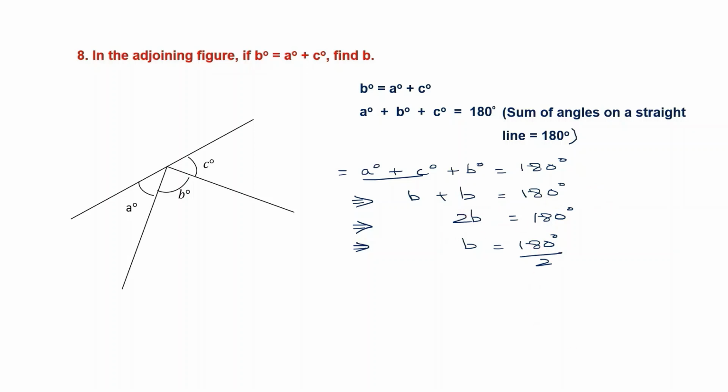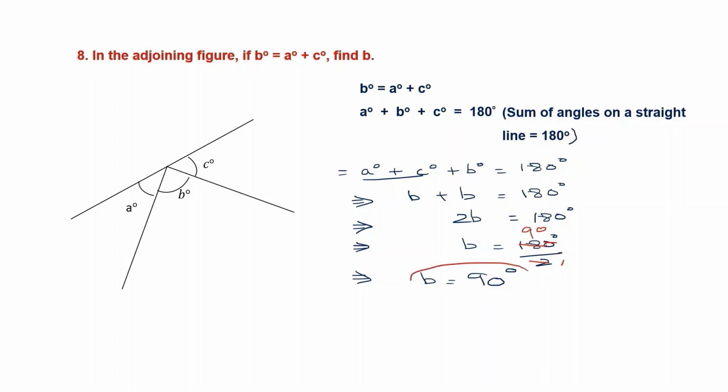So let's divide 180 by 2. 2 9s are 18 and then you can put the zeros. This is 2 1s are 2. So we have found the value of B to be 90 degrees. B is equal to 90 degrees. So we were asked to find B and we have found the value of B to be 90 degrees.